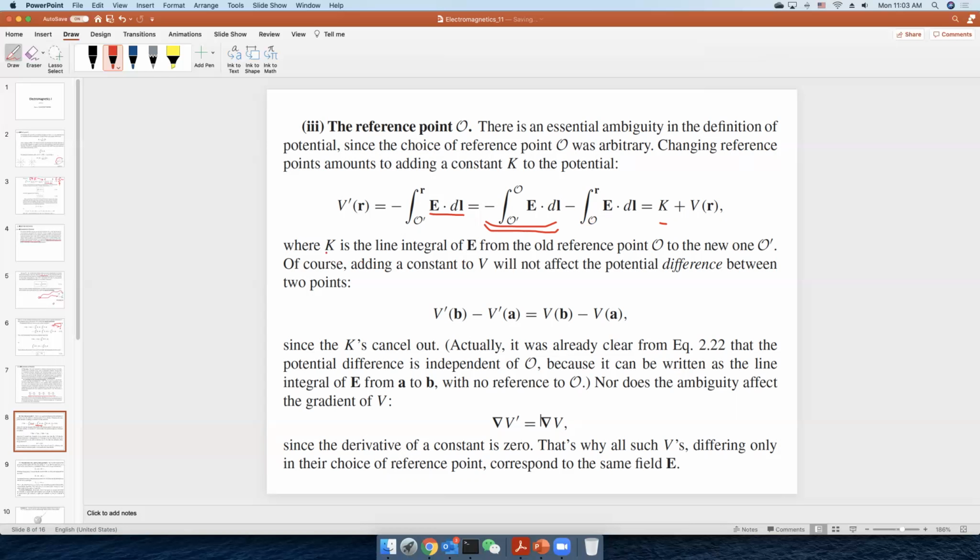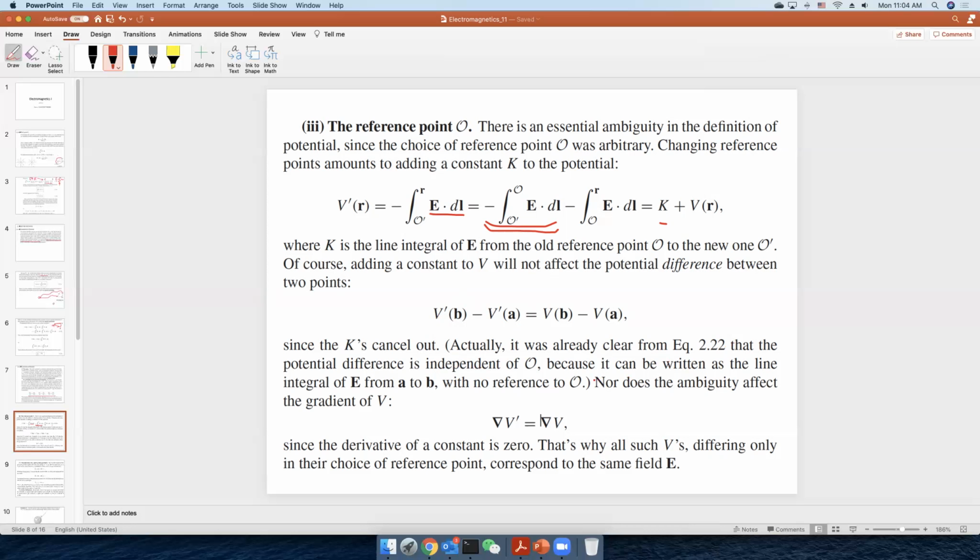So K is just a constant, the line integral of E from the old reference to the new reference. So V prime B subtracted by V prime A should be exactly the same as V B subtracted by V A, because the constant K will cancel on the left hand side.